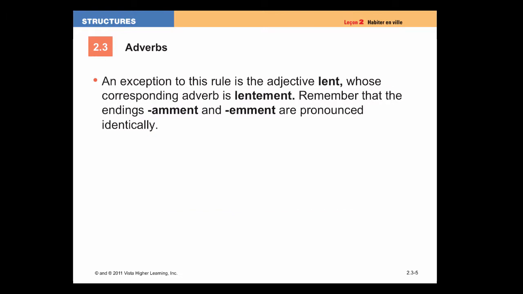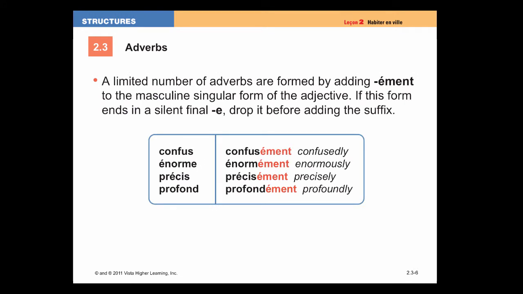An exception to this rule is the adjective lent, which means slow, whose corresponding adverb is lentement. A limited number of adverbs are formed by adding ément to the masculine singular form of the adjective. If this form of the adjective ends in a silent E, drop it before adding the suffix ément.